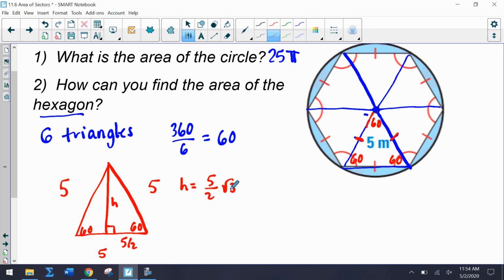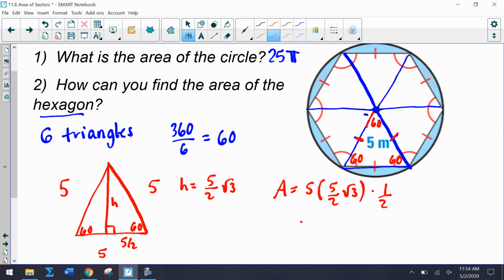So if we find the area of one of these triangles, then we could find the area of the entire hexagon, because we know that there is 6 identical triangles in there. So the area is 1/2 base times height, or base times height over 2. So we have the full base is 5 times the height, 5 over 2 root 3. And then I'm just going to multiply by 1/2.